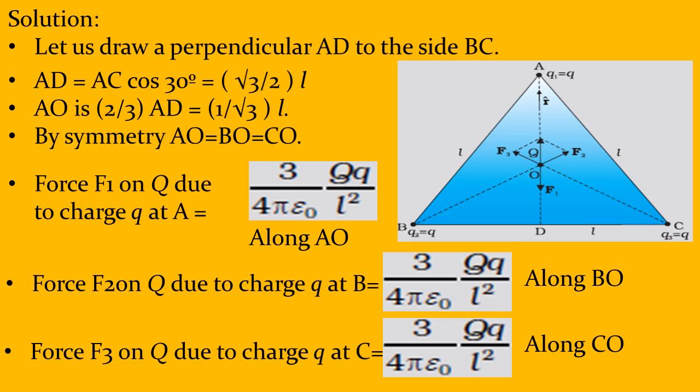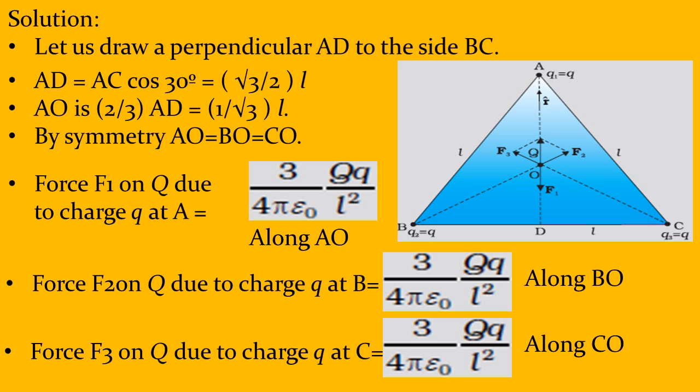Now, we have got F2 acting along BO and F3 acting along CO. We can do the vector addition by parallelogram law and find out what is the sum of F2 and F3. Now F2 can have a component along OA and the second component perpendicular to it to the right side.